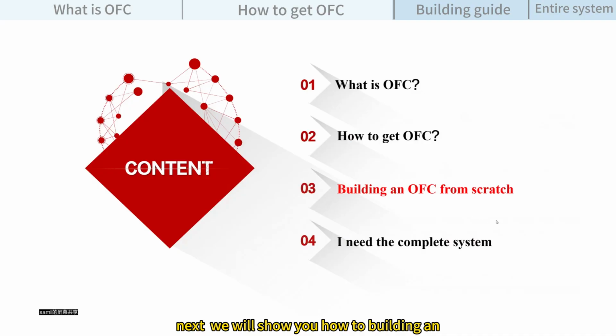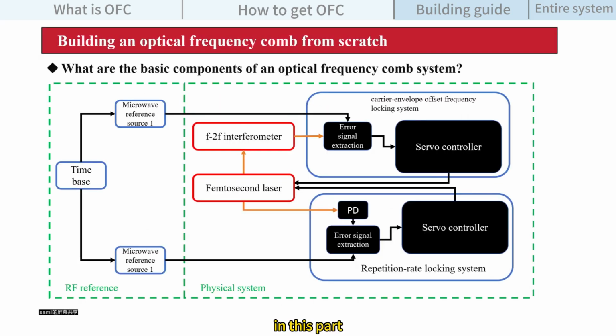Next, we will show you how to build an optical frequency comb from scratch. In this part, we need to look at what components are needed to build an optical frequency comb system.